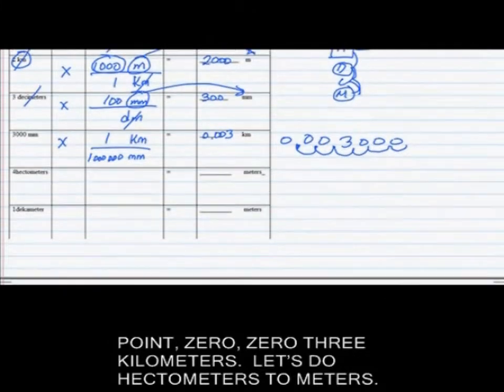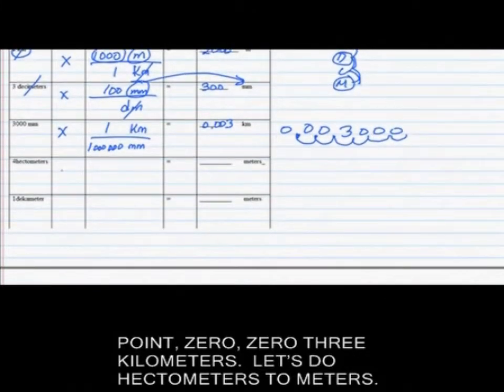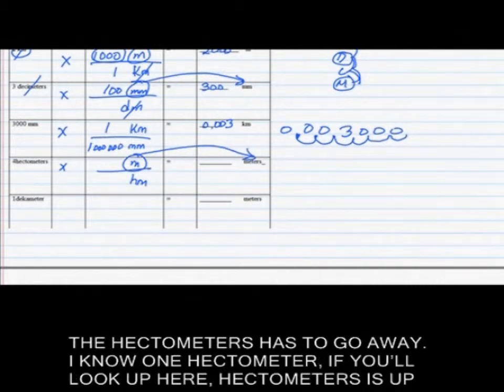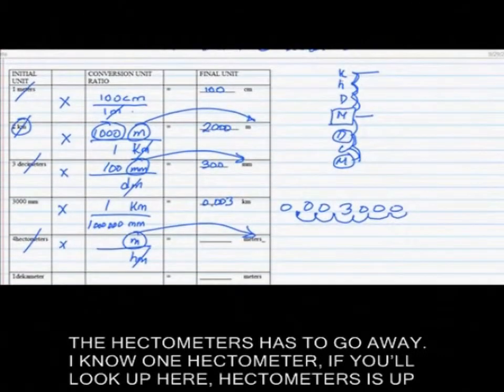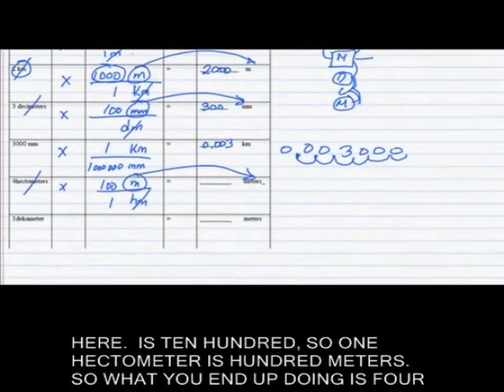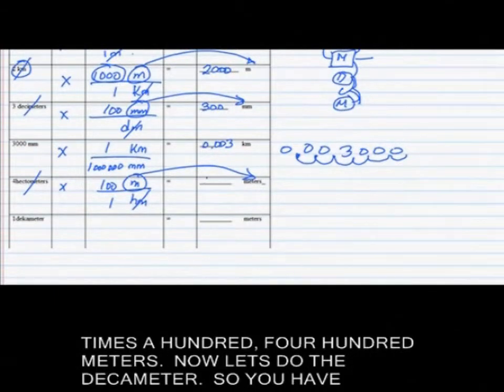Let's do hectometers to meters. Hectometers has to go in the denominator, meters on top because that's what I want, and the hectometers has to go away. I know 1 hectometer, if you look in here, hectometer is up here, is 10, 100. So 1 hectometer is 100 meters. So what you end up doing is 4 times 100, 400 meters.